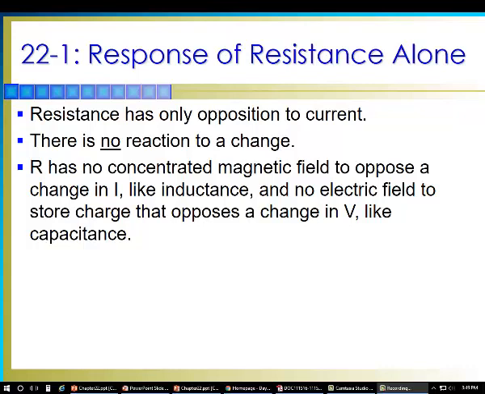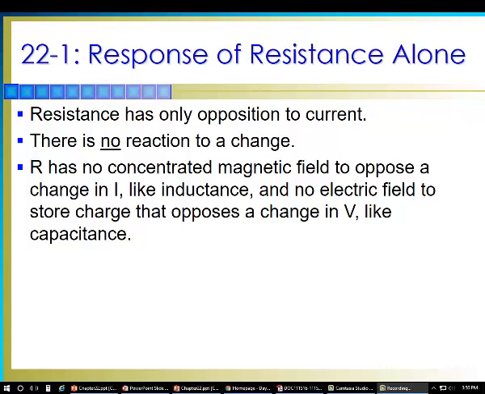In other words, what we have learned so far about resistors is that they only oppose current in the circuit. They don't have any reactance. That's why the opposition to current in a resistor is called resistance only.